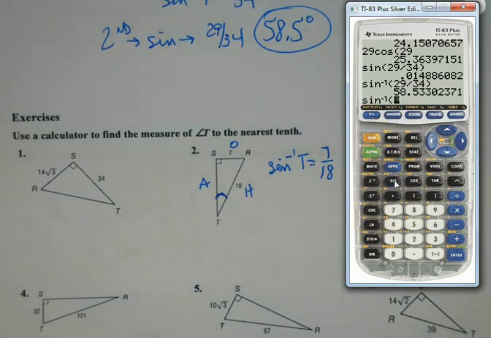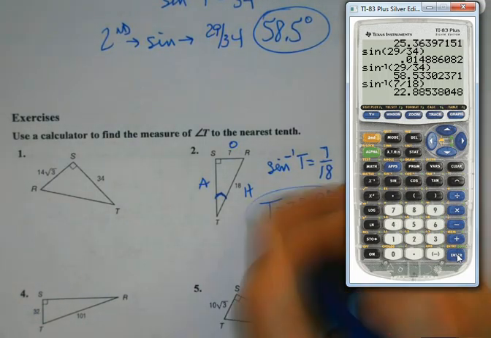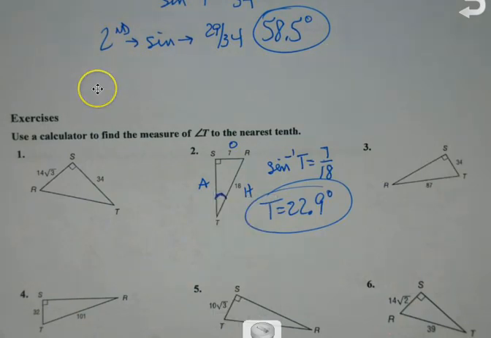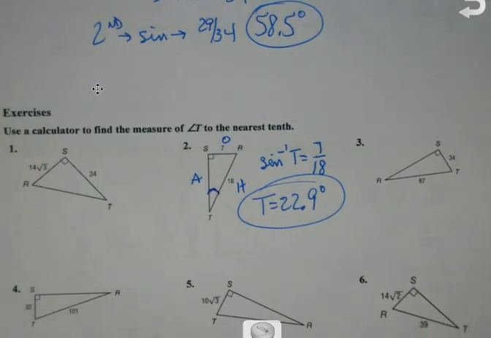See that little -1 just reminds me I need to see that on the screen. So T is going to be about 22.9 degrees. But again, the concept's really not that bad. Again, it just takes a little bit of caution.